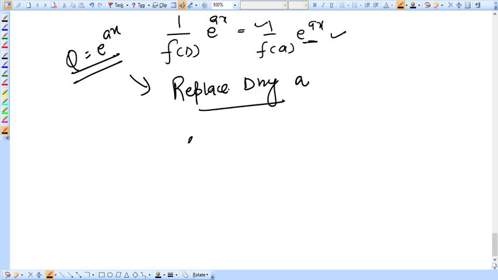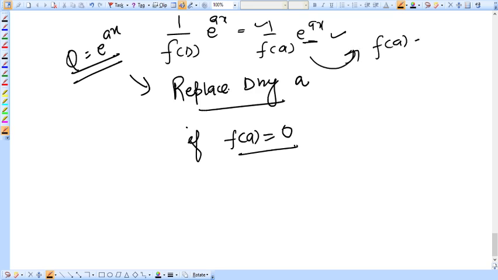This is only true when f(a) is not equal to 0. But what if f(a) is equal to 0? So this is undefined in that case, right? So in that case we encounter the failure of the case.